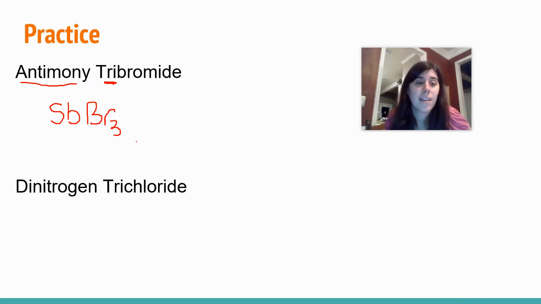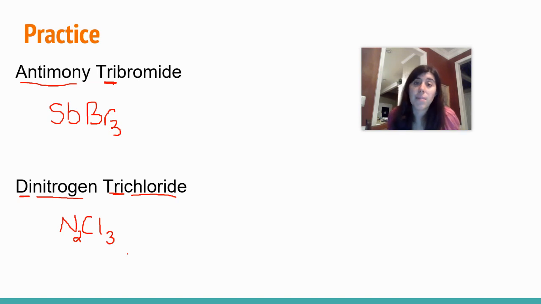Okay. This next one, my first step is I'm going to identify my first element, which is nitrogen. My second element is chlorine, because chloride is chlorine. So I'm going to write my 2 elements here. Now I'm going to add my subscripts. Di means 2. So I know I have a 2 after nitrogen. Tri means 3.